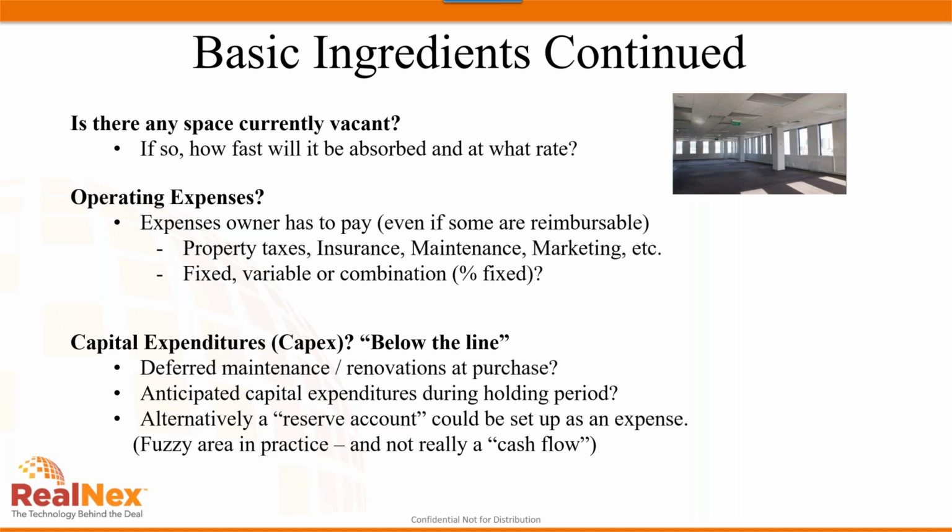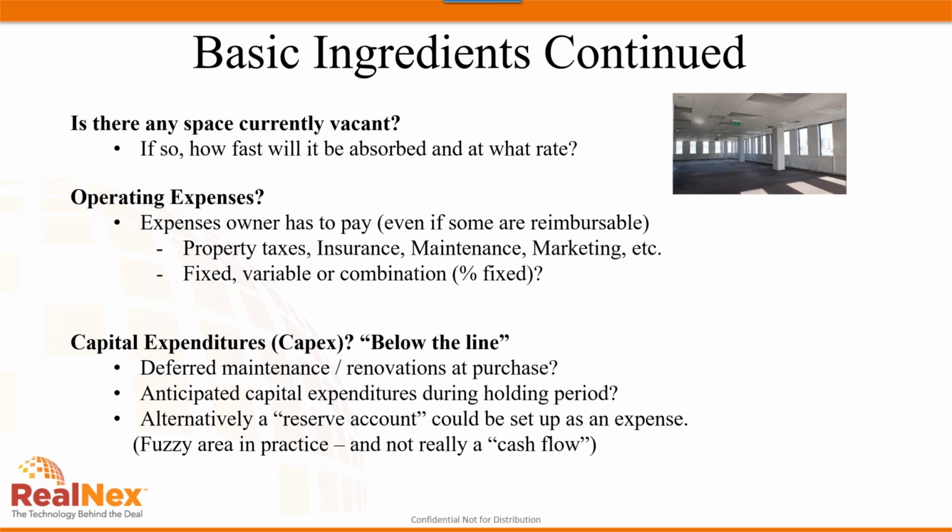And so that would be taking your CapEx or things like replacing refrigerators in an apartment building and other appliances, and saying, well, they last for so many years, so I'm going to take an annual amount to allow for replacements and put that in as a reserve allowance. And if it's above the line, it's going to lower your net operating income.